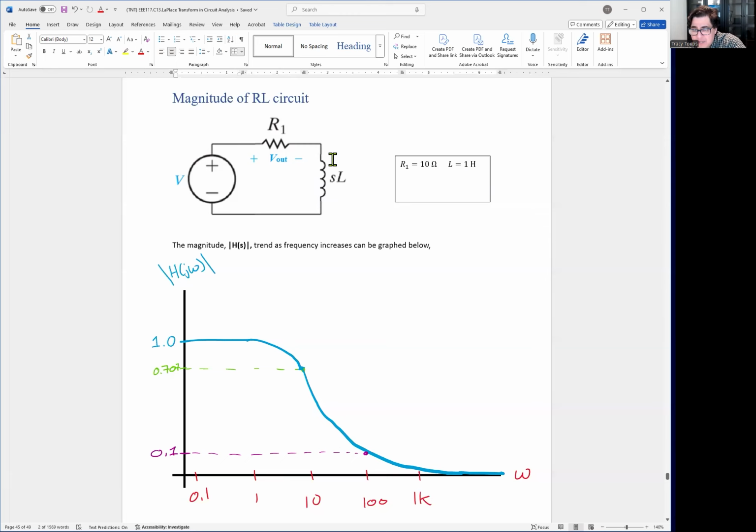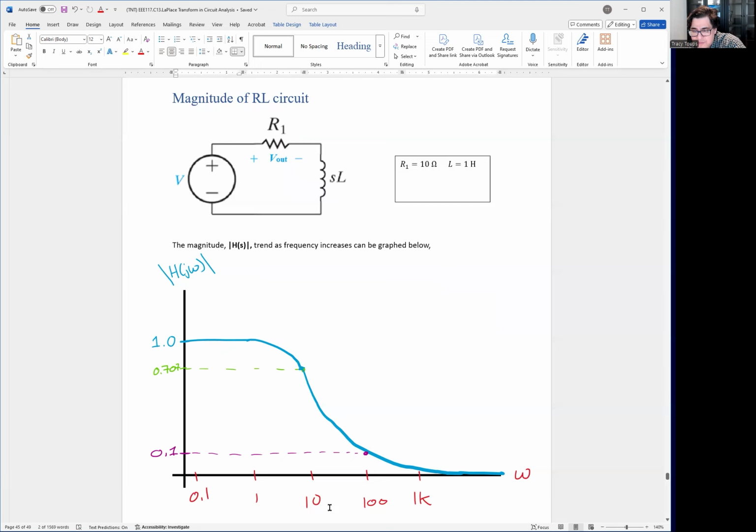The bigger sL gets, the less voltage will go in R1, and more of the voltage will go in the inductor. So at about 10, if you plug in s equals 10 and L equals 1, you see they're equal, right? So you're going to have relatively similar amounts of voltage. That's where you get 0.707.